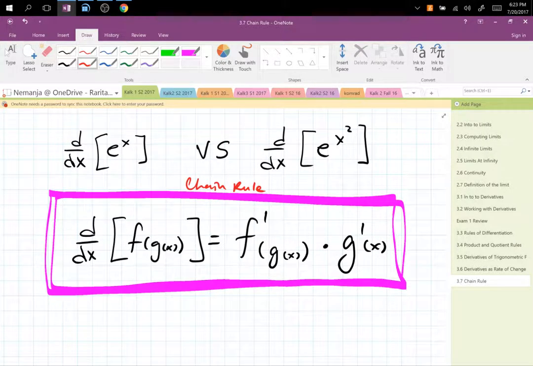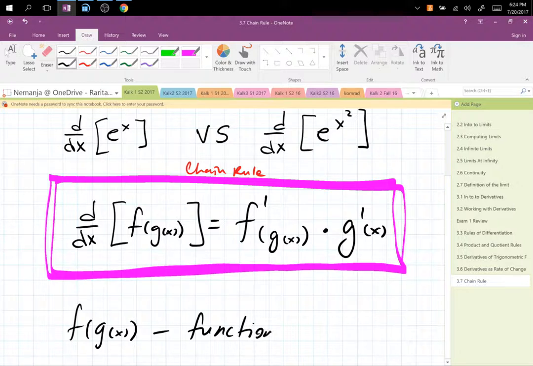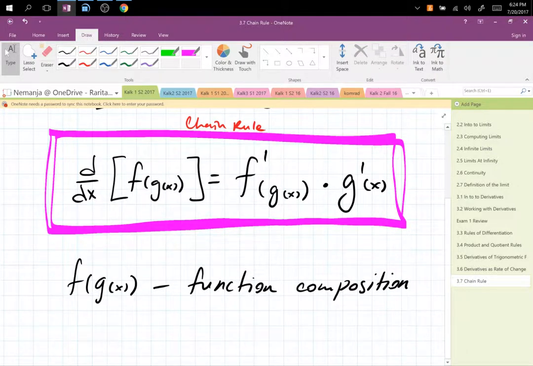And there are other ways to write this as well. Note that f of g of x is the function composition, in the sense that g is plugged into f.